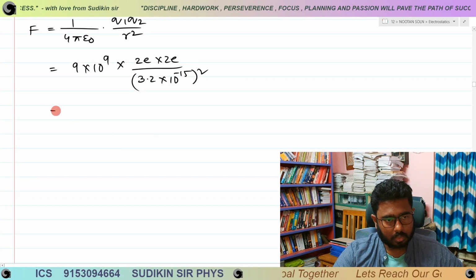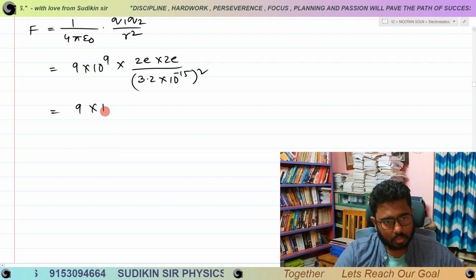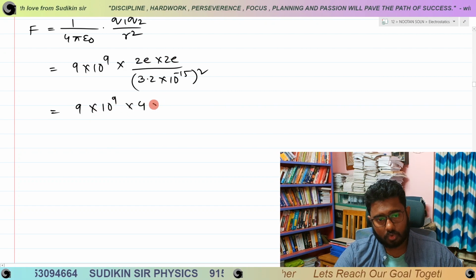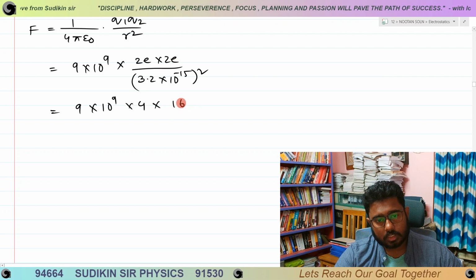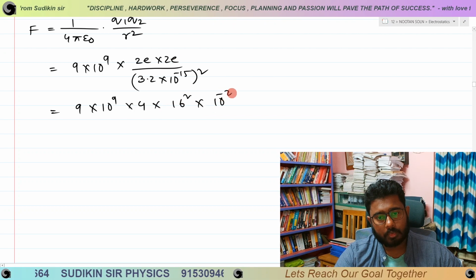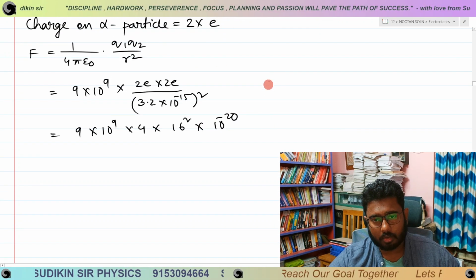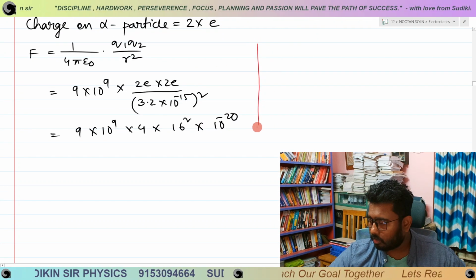So what will it become? See, this is 9 into 10 to the power 9. Okay, 2e, let me write it as 2 into 2, 4. e square will become 16 square into 10 to the power minus 40. See, I have already shown this to you in the previous numerical.